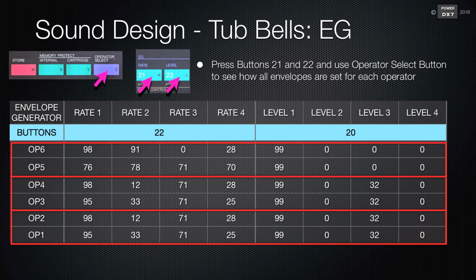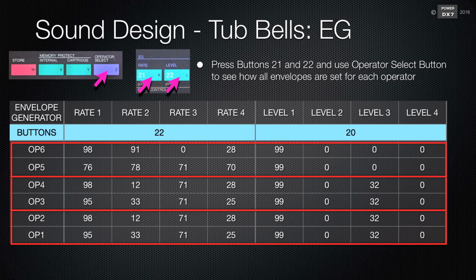Remember that the tube bells uses algorithm 5. You have 3 towers with operator 1, 3, and 5 as carriers, and operators 2, 4, and 6 as modulators.